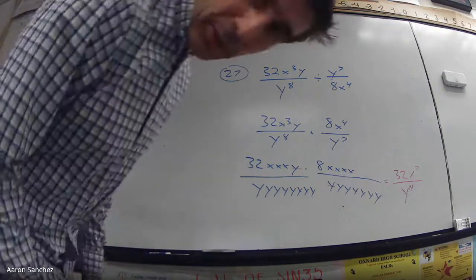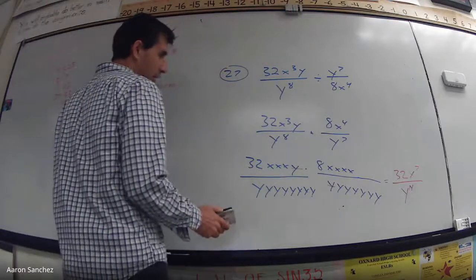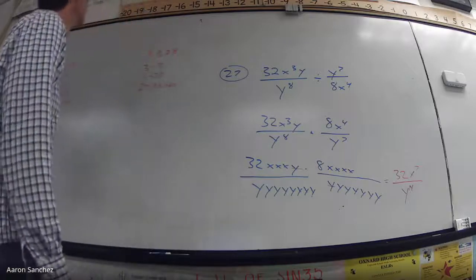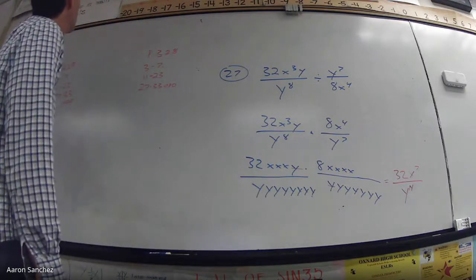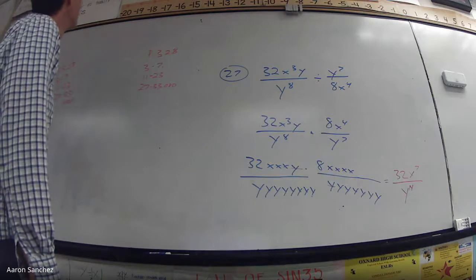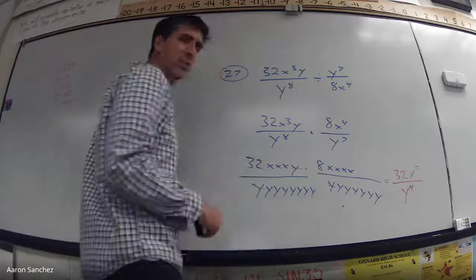I'm gonna do 33. I'm gonna do the last one because I assume it's the hardest, and then I'll see if you guys have any questions. Are there any questions on this? How did you get 32? Oh, I forgot to multiply 32 times 8. What is 32 times 8?